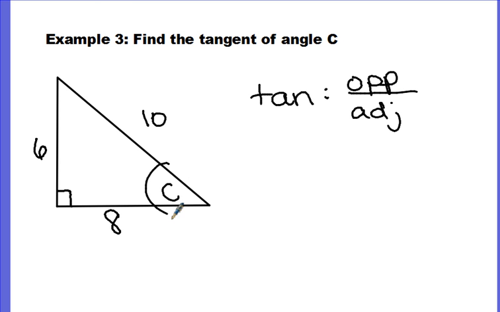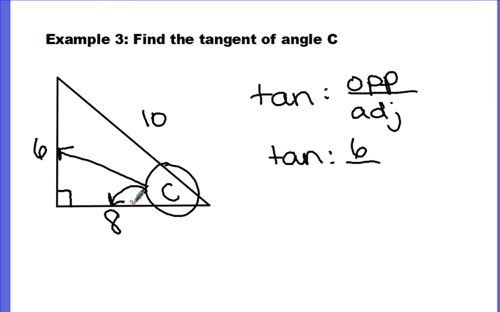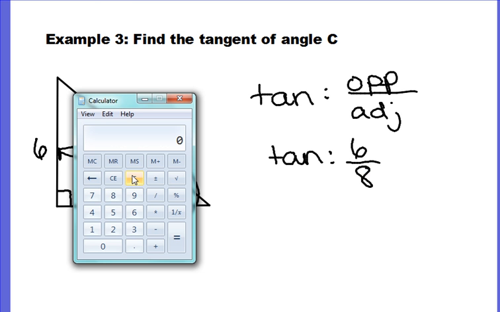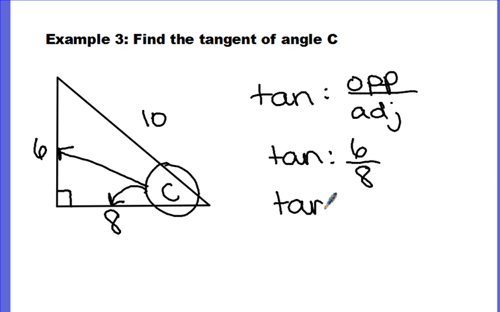So if we're looking at angle C, the opposite side from angle C is 6, and the adjacent side is 8. So the tangent of C is 6 over 8. Let's solve it out on our calculator. 6 divided by 8 is 0.75. So the tangent of C is 0.75.